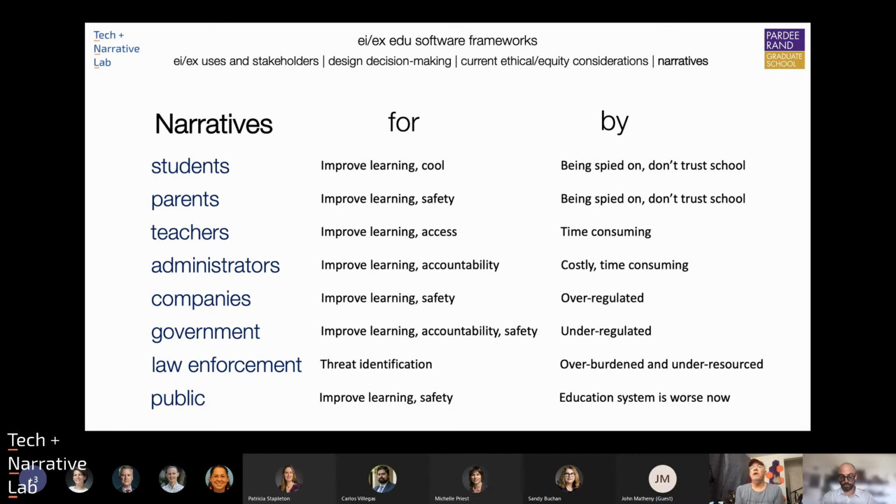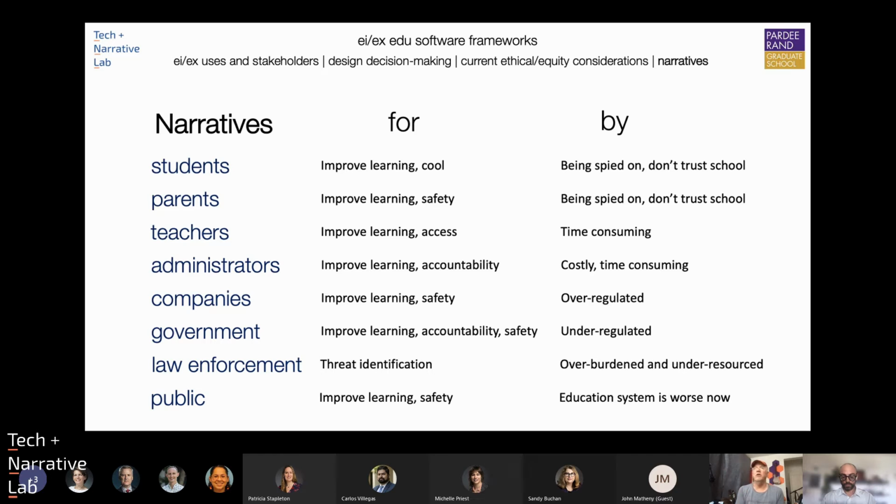And we broke this up into, there are narratives that are being created for those target audiences. So it's basically, what is the advertising? How are you selling this to students? How are you selling this to teachers and administrators? And then there's the narratives that those groups create.